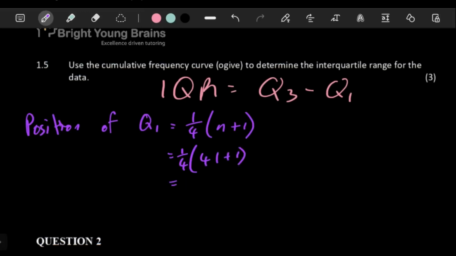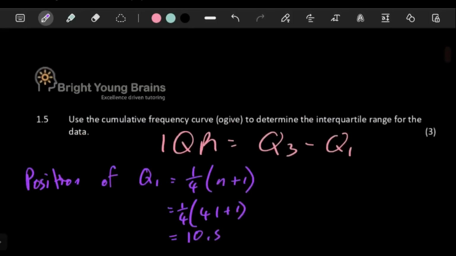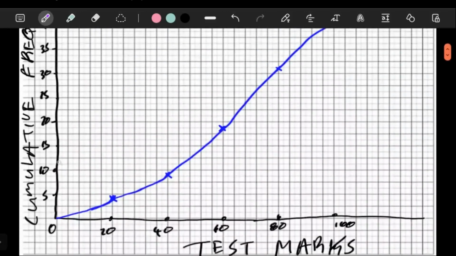42 times a quarter is going to give you 10.5. So what that means is somewhere at 10.5, you're going to trace this to your ogive. And then after tracing it to your ogive, this doesn't seem very accurate.